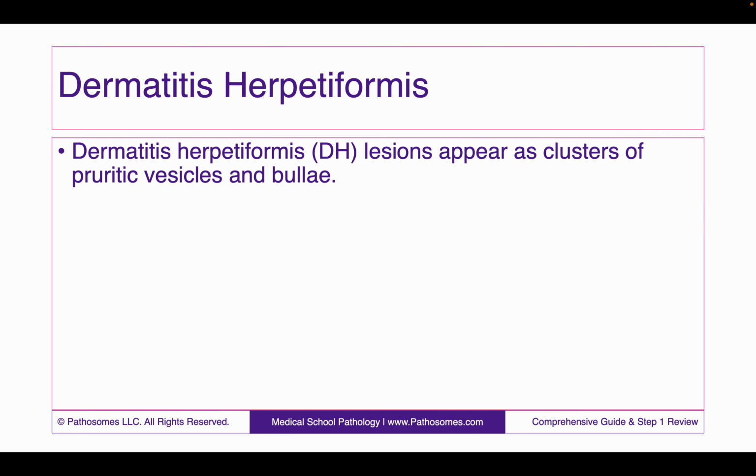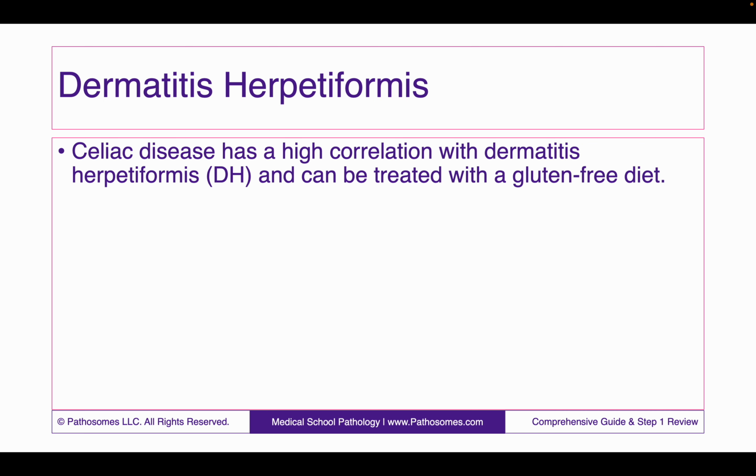Dermatitis herpetiformis lesions appear as clusters of pruritic vesicles and bullae. Celiac disease has a high correlation with dermatitis herpetiformis and can be treated with a gluten-free diet.